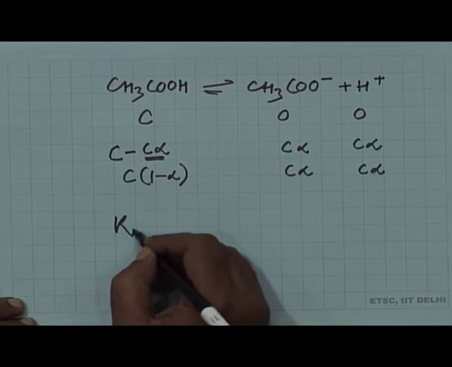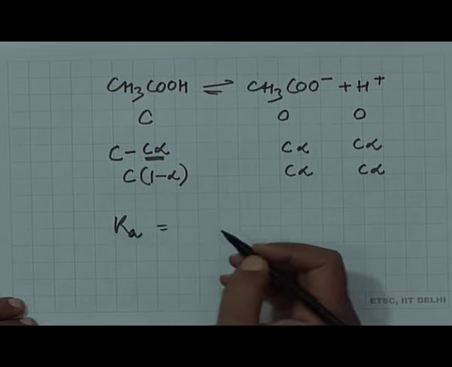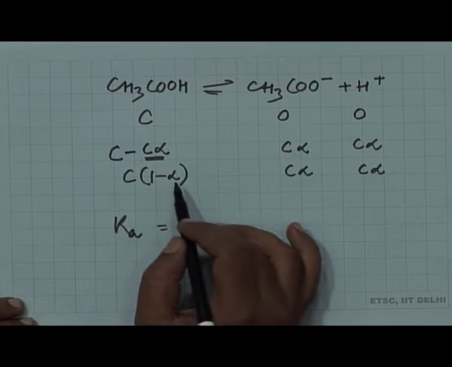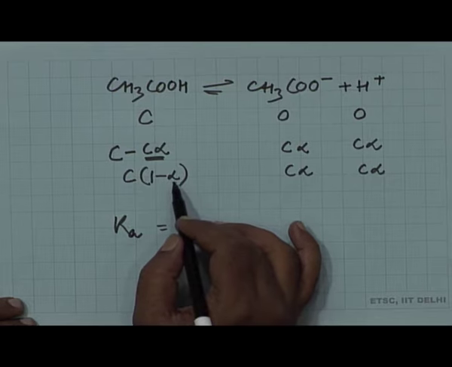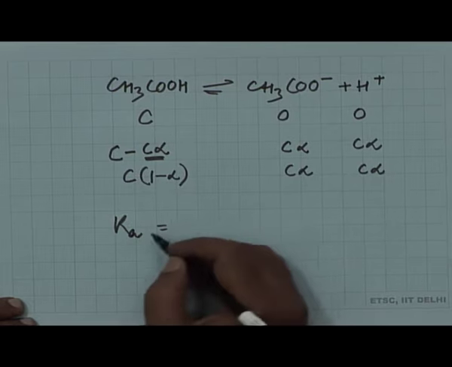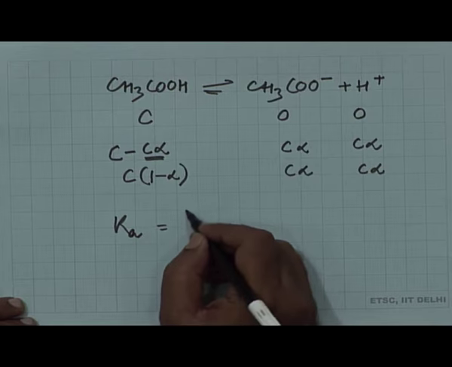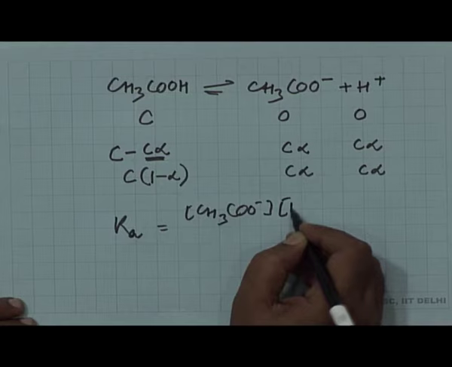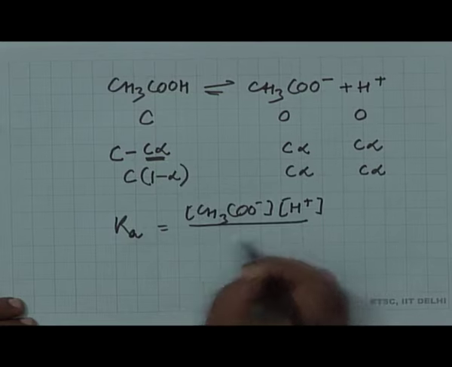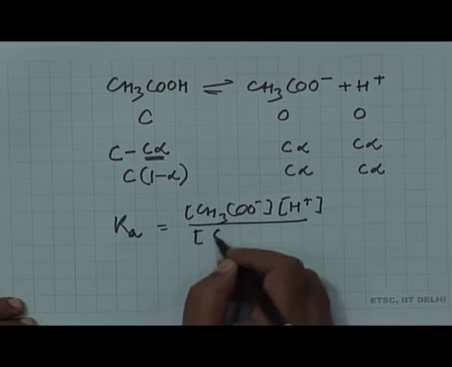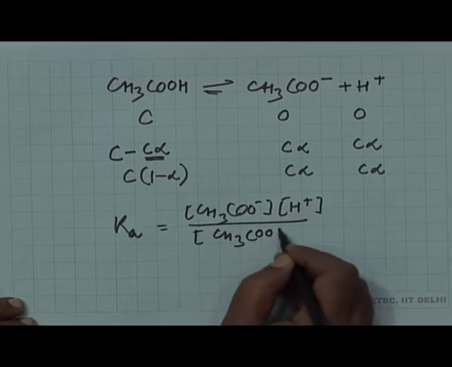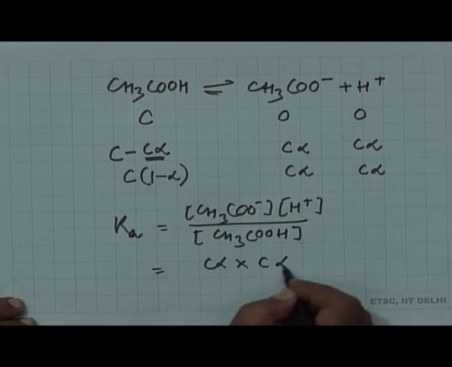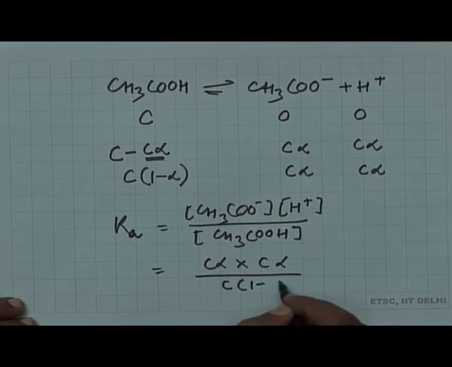Now, we can write Ka in terms of the initial concentration and the degree of dissociation, alpha. How will we write it? We know that Ka is acetate ion into H plus divided by CH3COOH, and this is C alpha into C alpha divided by C(1 minus alpha).